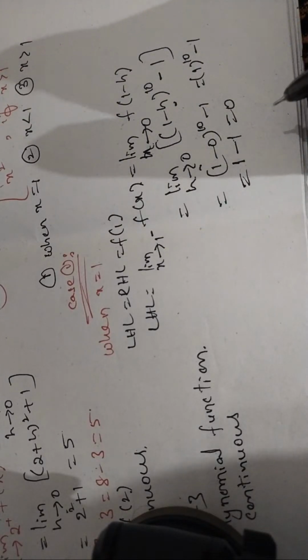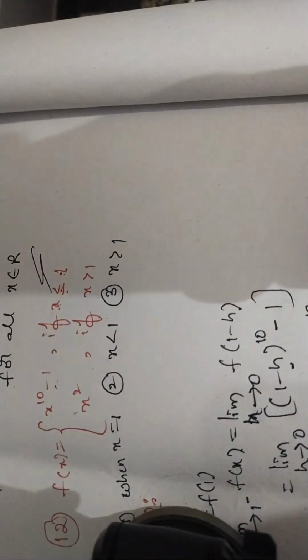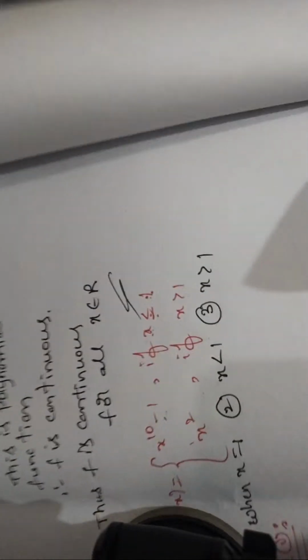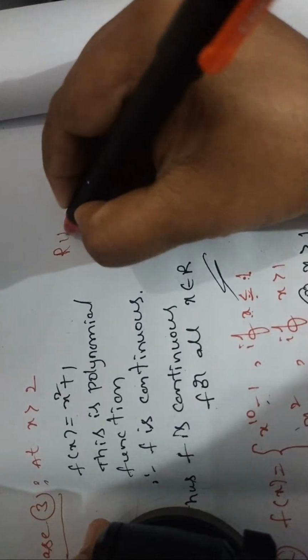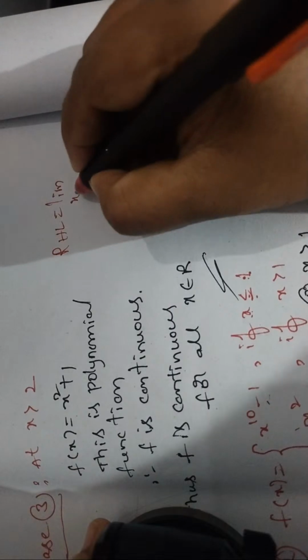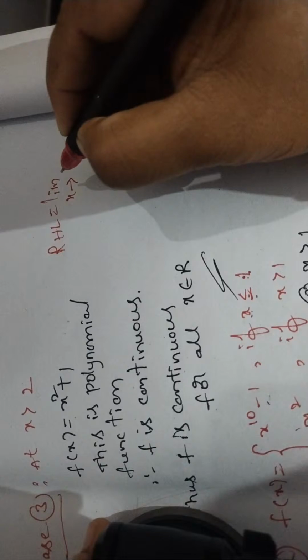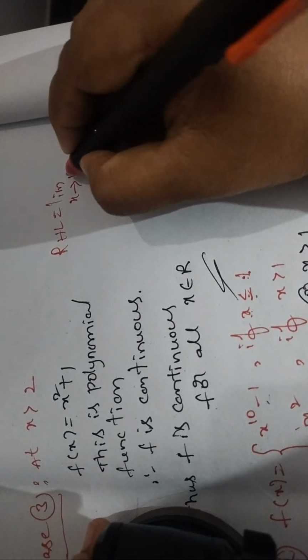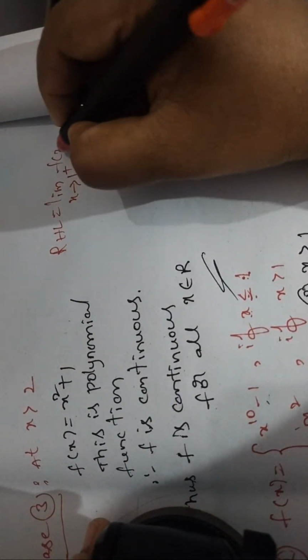Now I want to find the RHL. What is RHL? The right hand value of 1. Write RHL: limit x tends to 1 plus f of x.